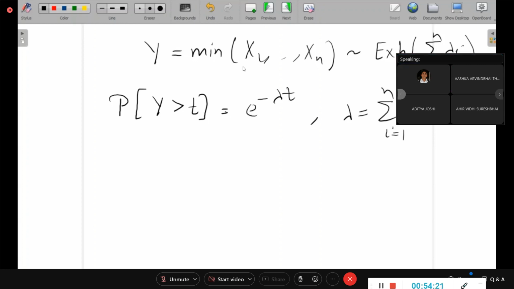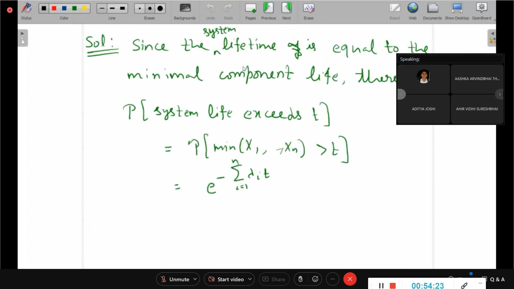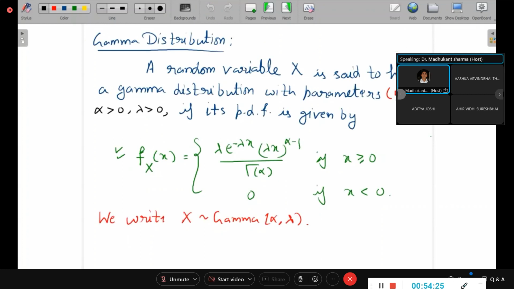Okay, right. Now the generalization, or you can say a new distribution, is known as the gamma distribution, for which the exponential distribution becomes a particular case.